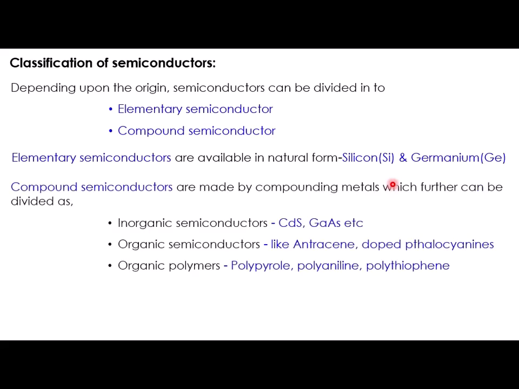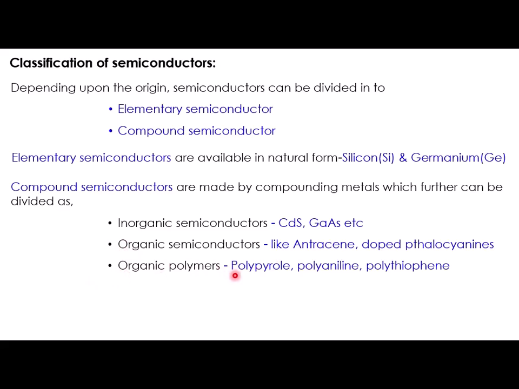Whereas compound semiconductors are man-made semiconductors. That means they are made by human beings, by compounding different forms of metals. And these compound semiconductors can again be divided into three types: inorganic semiconductors, organic semiconductors, and organic polymers.